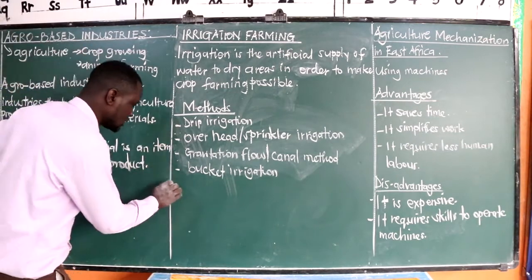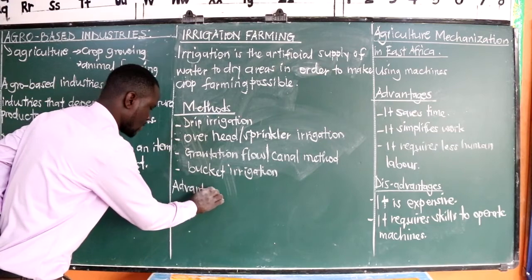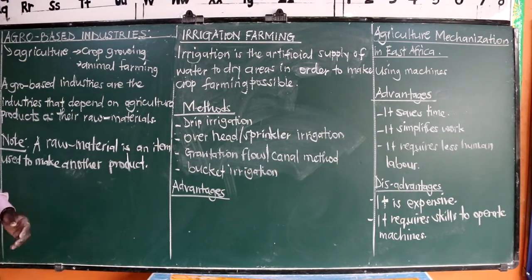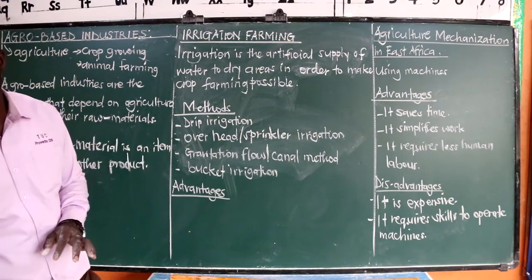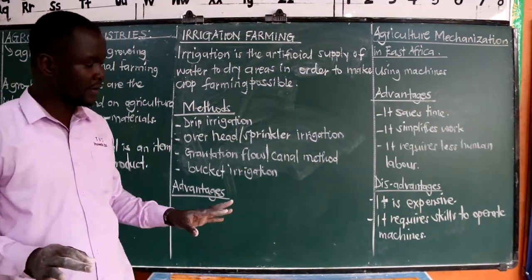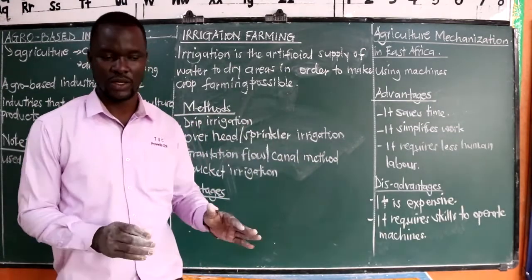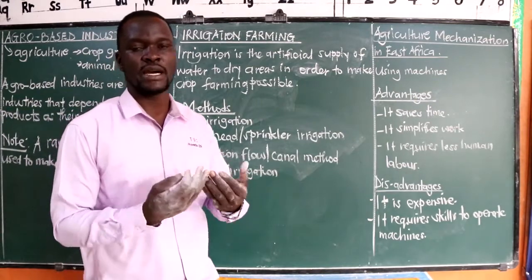For that, we go to the advantages. Before we go to the irrigation schemes, we go to the advantages. The first advantage tells us that the crops here can be grown throughout the year. For this, there is nothing like this is the dry season, this is the wet season. In some other areas, you will find that people grow crops in the wet season.